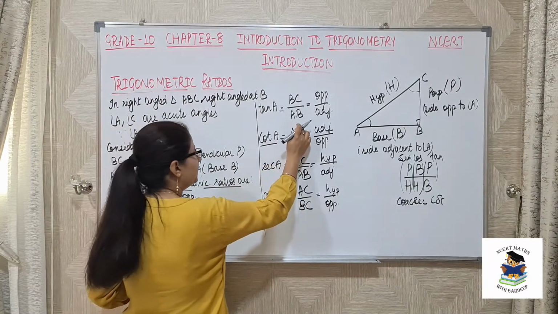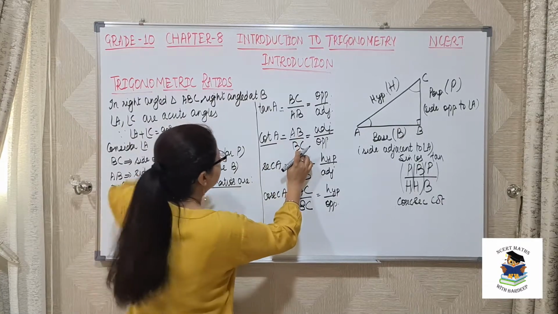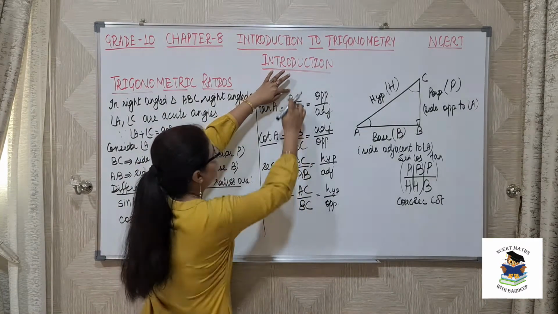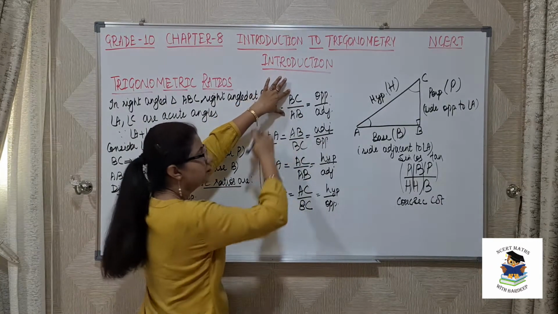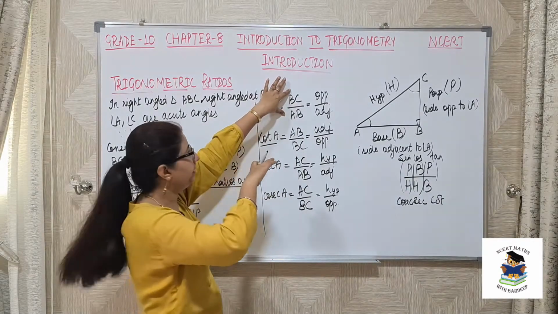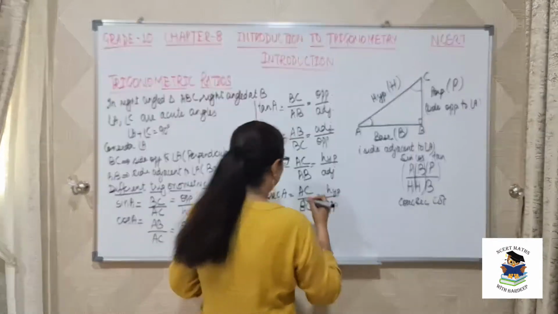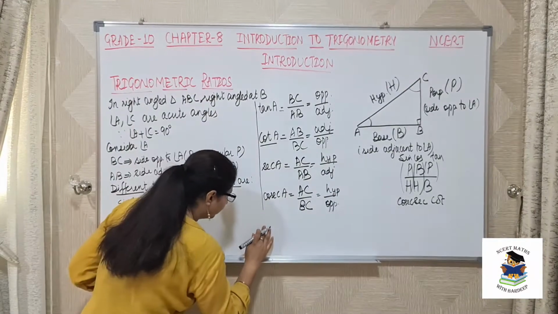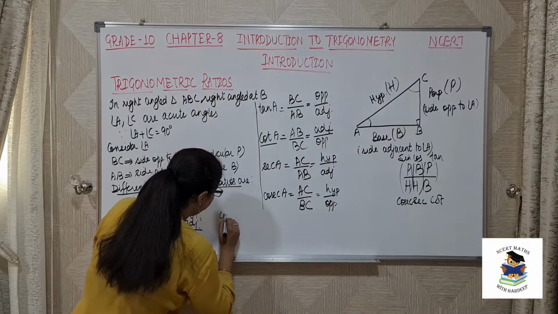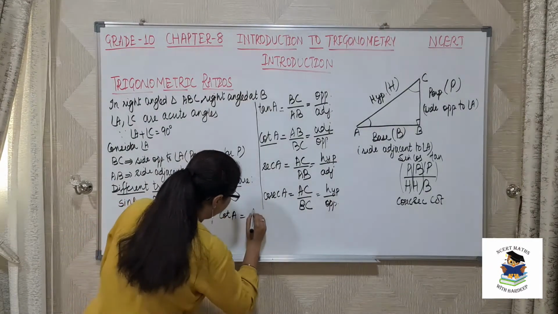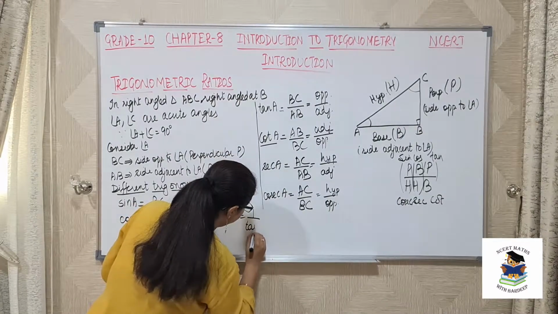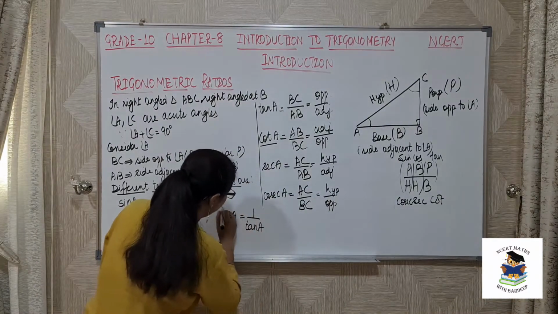See, cot A is AB over BC. So tan is BC over AB. So this is just the reciprocal of tangent. So there is another rule, which is that cot A is always 1 by tan A. This is one thing.